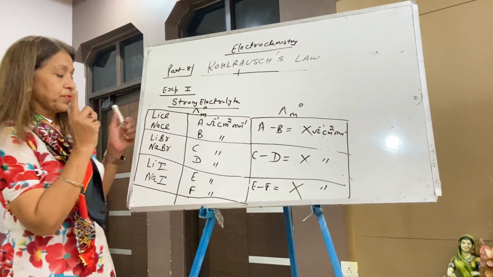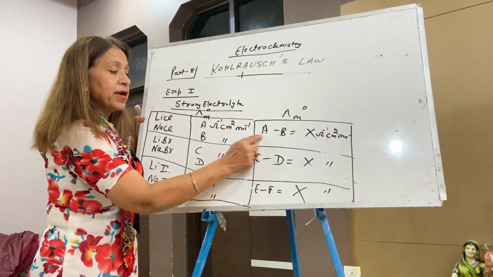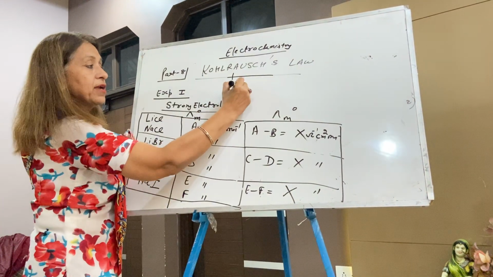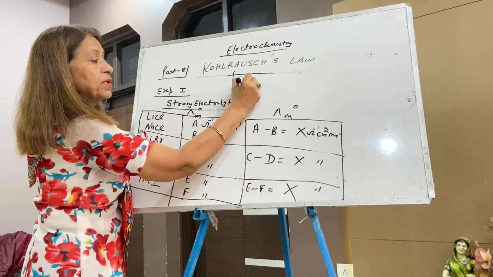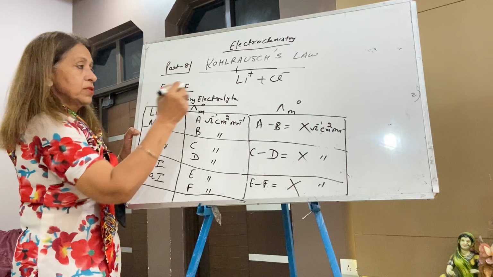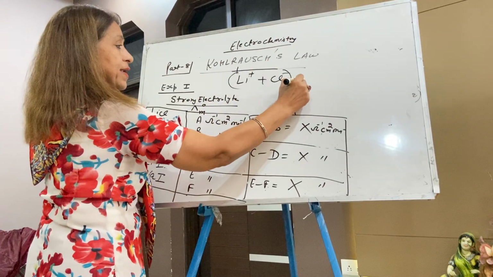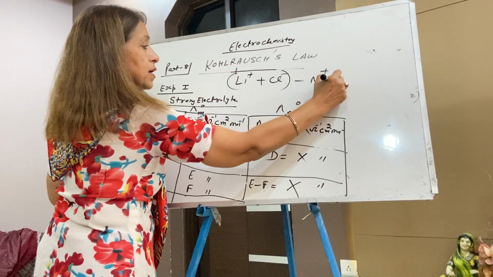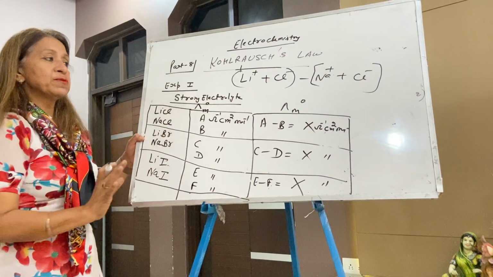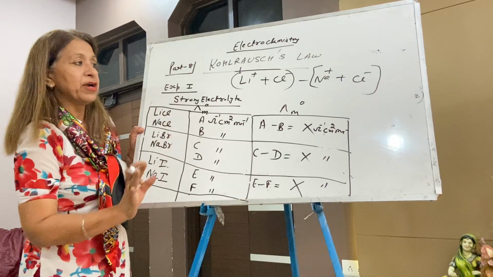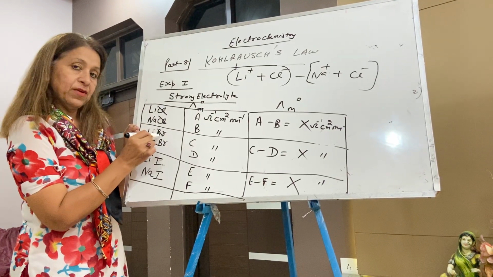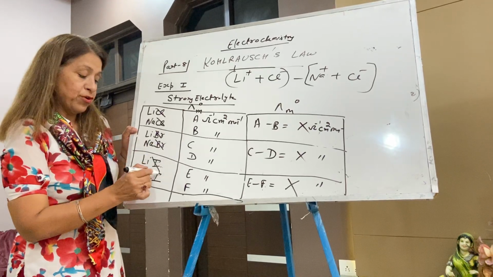Now students, when we subtract A minus B, that is, Li plus Cl minus minus Na plus Cl minus, if you open these brackets, chloride will cancel; here bromide will cancel after subtraction; here iodide will cancel.